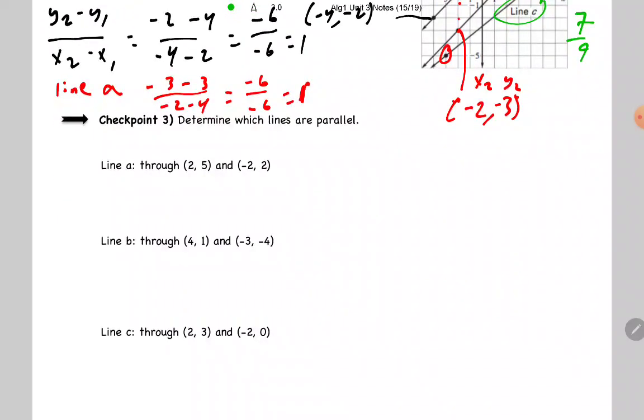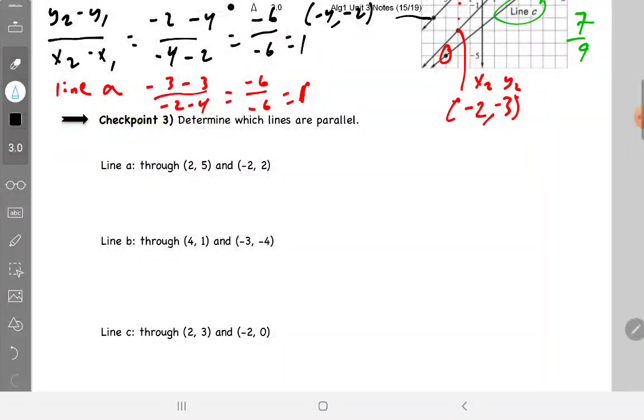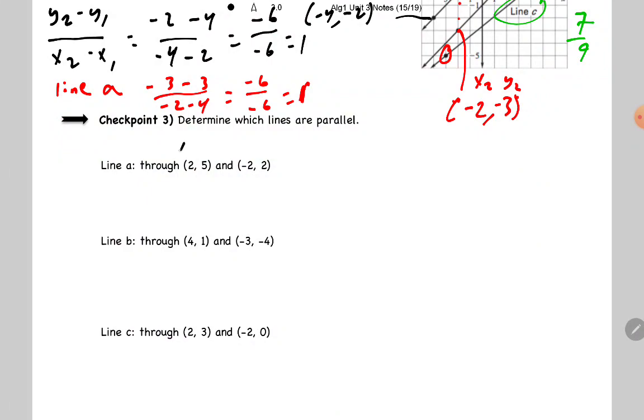Okay, checkpoint 3. It'll give us a picture this time. It'll give us coordinates. So I'm going to go ahead, x1, y1, x2, y2, and I'm not going to change the order for the other problems.